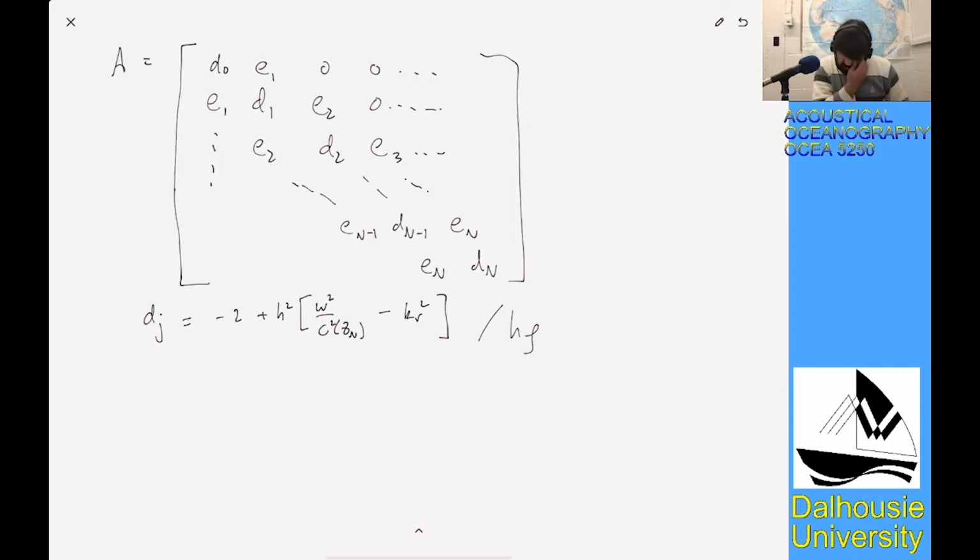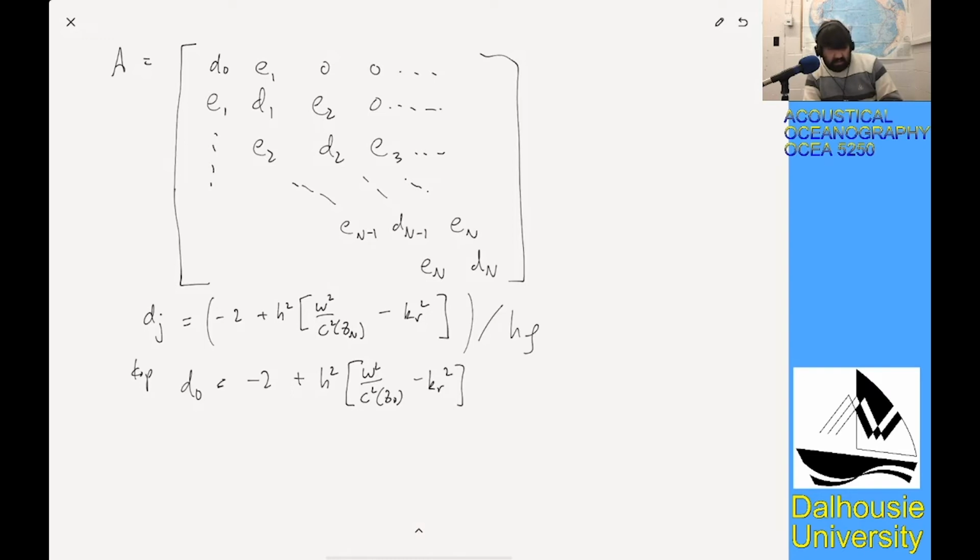So that's from our psi j term. And then at the top, we're going to have d naught: minus 2 plus h squared omega squared over c squared at z naught minus k_r squared plus these mysterious k_r squared impedance terms.